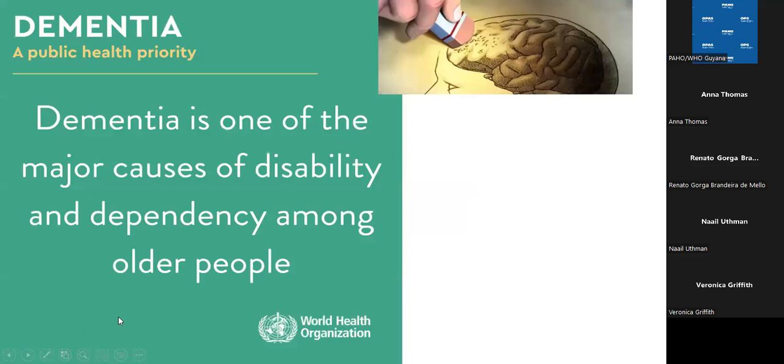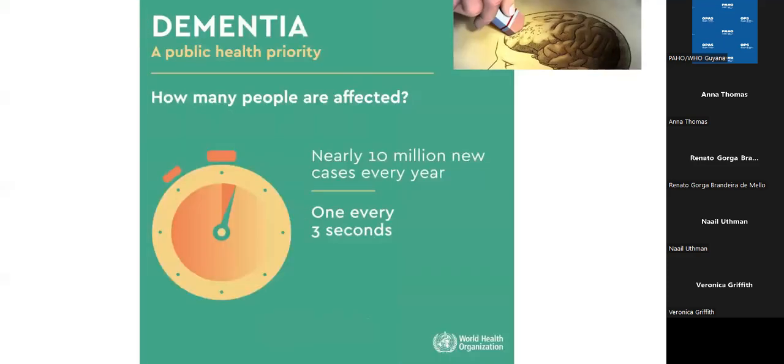Let's talk about dementia. Dementia is one of the major causes of disability and dependency among older people. And this is a very prevalent condition, especially in patients over 75 years old. It is estimated that nearly 10 million new cases are diagnosed every year in the world.